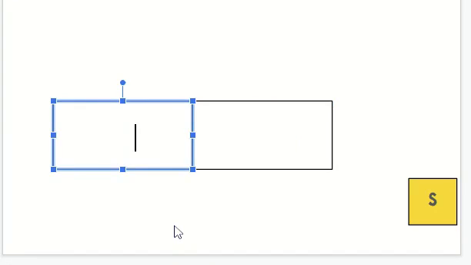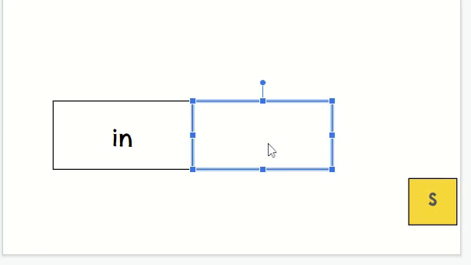The next word is insist. Insist. Now in this word, this second syllable has the accent because we don't say insist, we say insist. Okay, let's try another one.